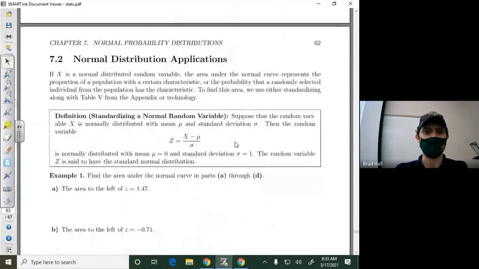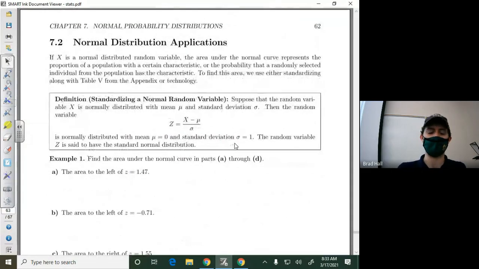Now, really the last section was a huge stepping stone for us to transition into this section on normal distribution applications. Now that we have a little bit of an idea of what kind of objects we are dealing with, we need to figure out how they are relevant. Why do we care about them? Well, let me back up.